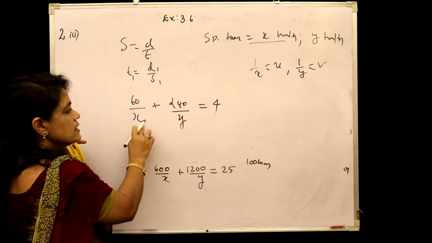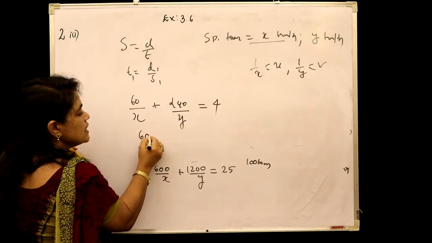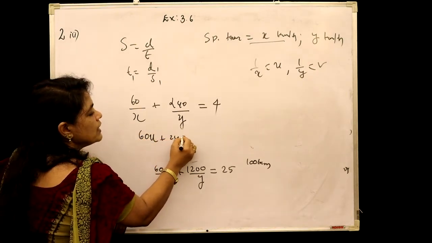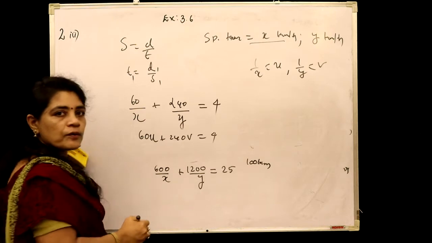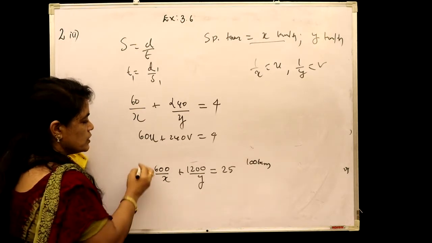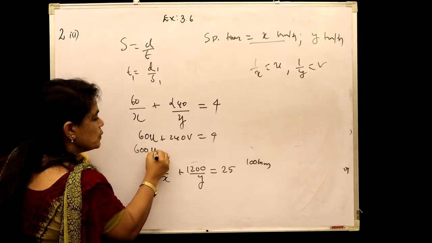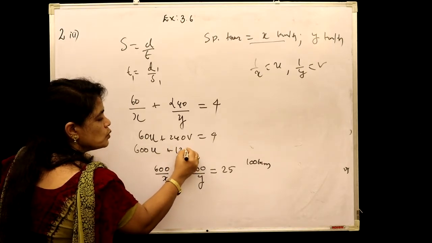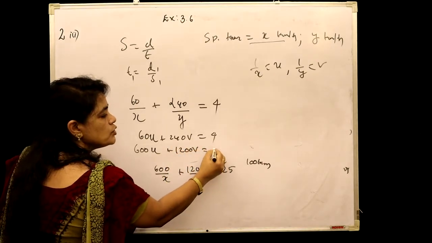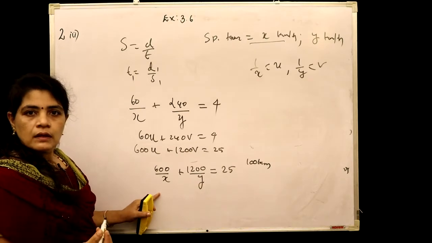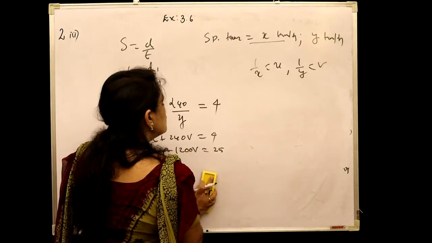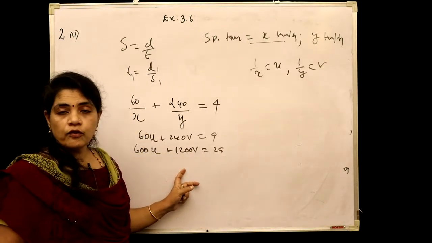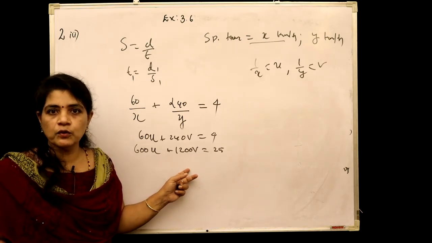So what happens? This reduces to the form 60u plus 240v is equal to 4. And in the second equation, 600u plus 1200v is equal to 25. So children, we have to solve for these two variables, u and v.